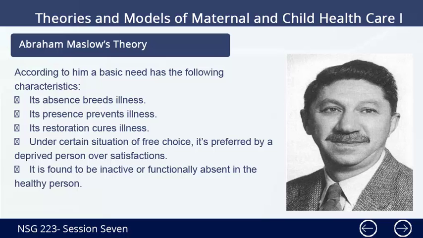Under certain situations of free choice, it is preferred by a deprived person over other satisfactions. It is found to be inactive or functionally absent in the ill or in the healthy person.